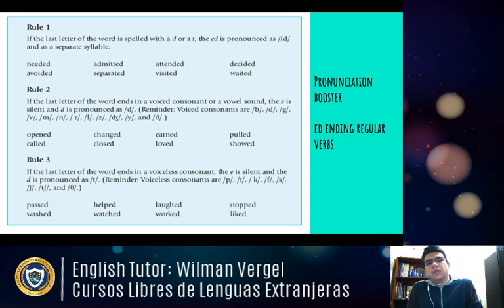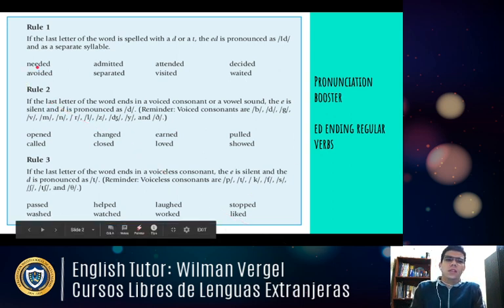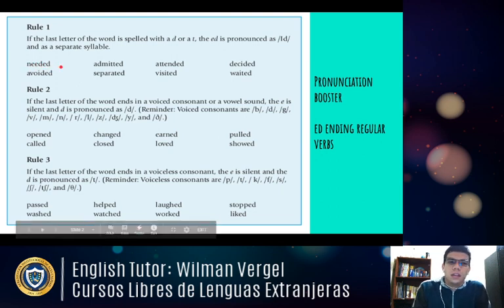For example, for the verb need, we say needed. For the verb avoid, it ends in d, we say avoided. Admit, which ends in t, we say admitted.